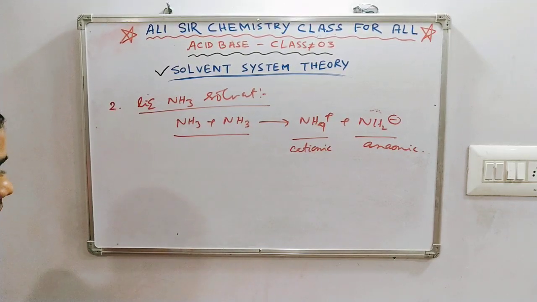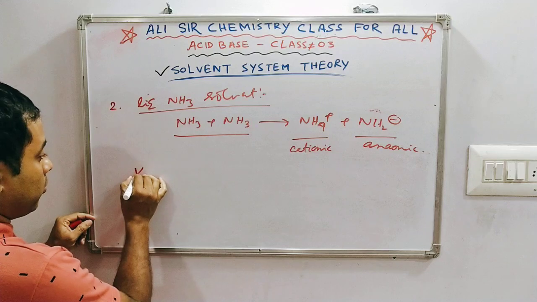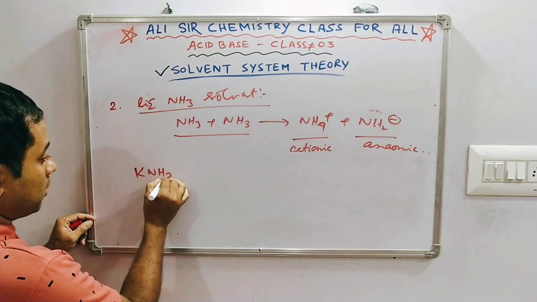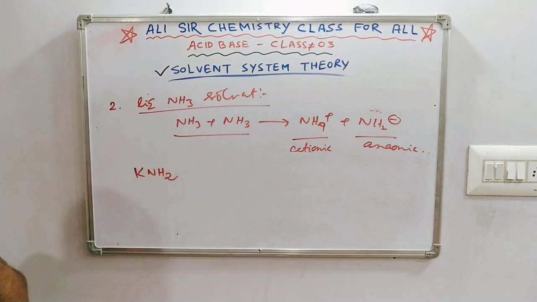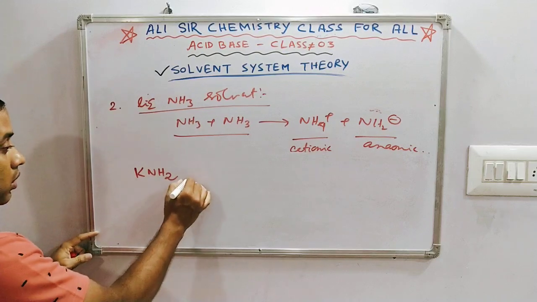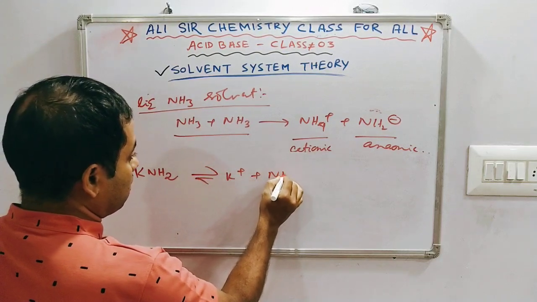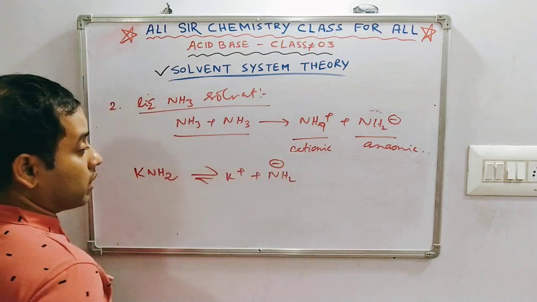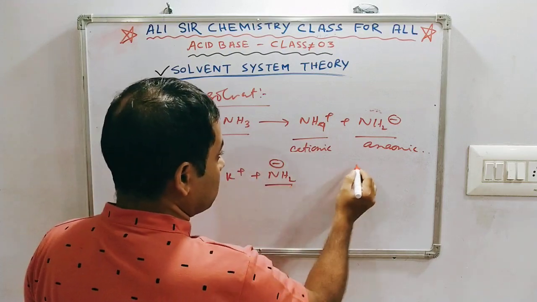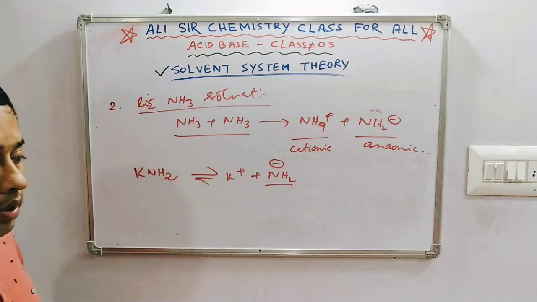Say for example, another molecule, potassium amide in liquid ammonia. If you take potassium amide in liquid ammonia, it will decompose to K plus and NH2 minus. So NH2 minus is the anionic part of the solvent ammonia.